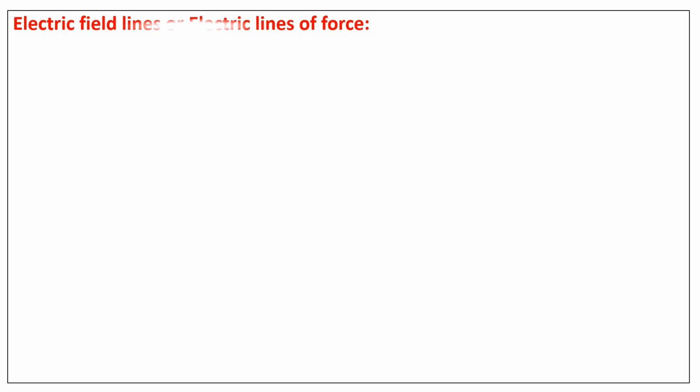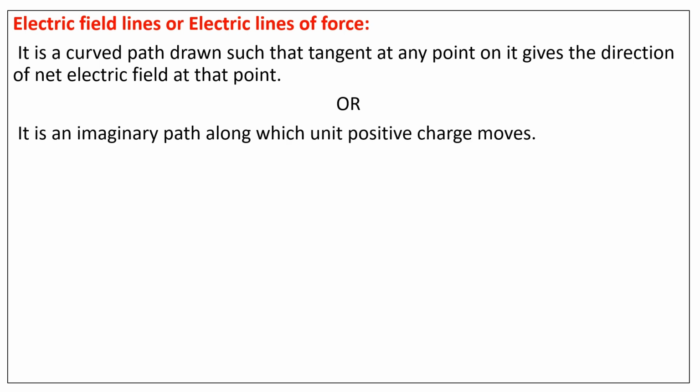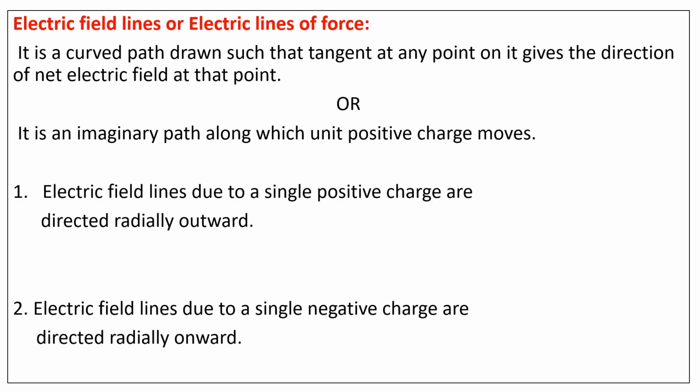Electric field lines or electric lines of force. It is a curved path drawn such that the tangent at any point on it gives the direction of the net electric field at that point. Or it is an imaginary path along which a unit positive charge moves. 1.